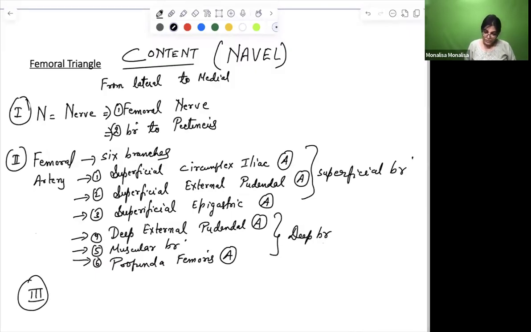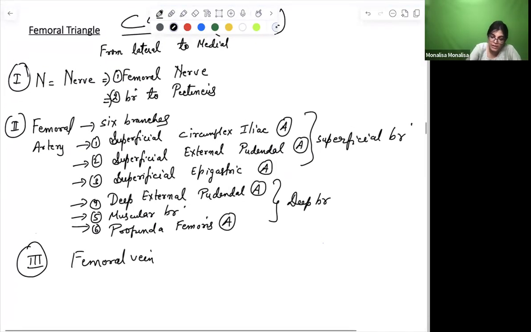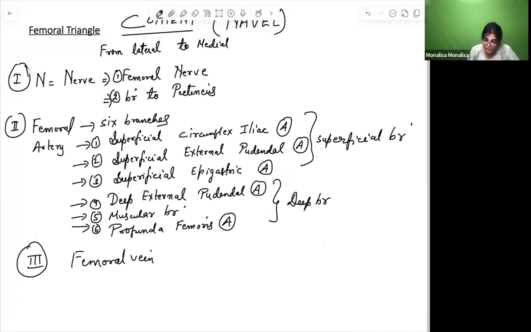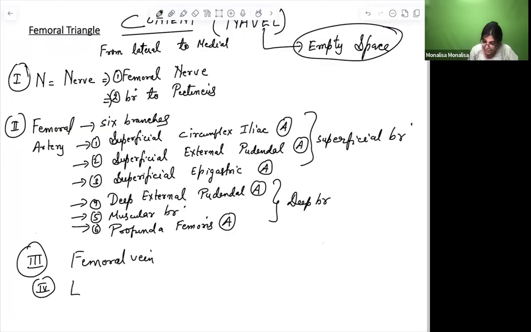The third is V for vein. Which vein? The femoral vein. No need to write the names of the tributaries, since corresponding to the arteries there will be vein tributaries. Other than that, what does E stand for? E is empty space. So which is the medial most content? That means L, lymphatics. Which lymphatics?